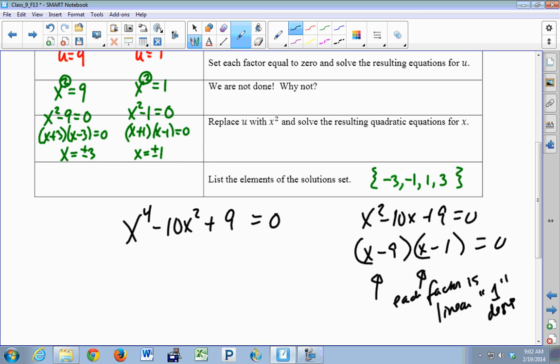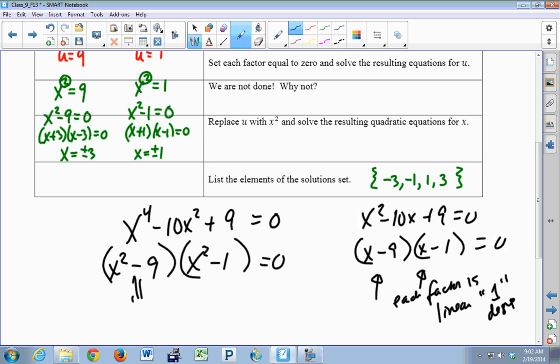You can still use the same exact techniques on this that you used here. The only difference is when you get your two factors, they're going to both be quadratic factors. You can still say what factors of 9 add up to 10, 9 and 1. And now when you factor, instead of it being x and x as your first term, it's x squared. So you can just do this if you don't like the u substitution.